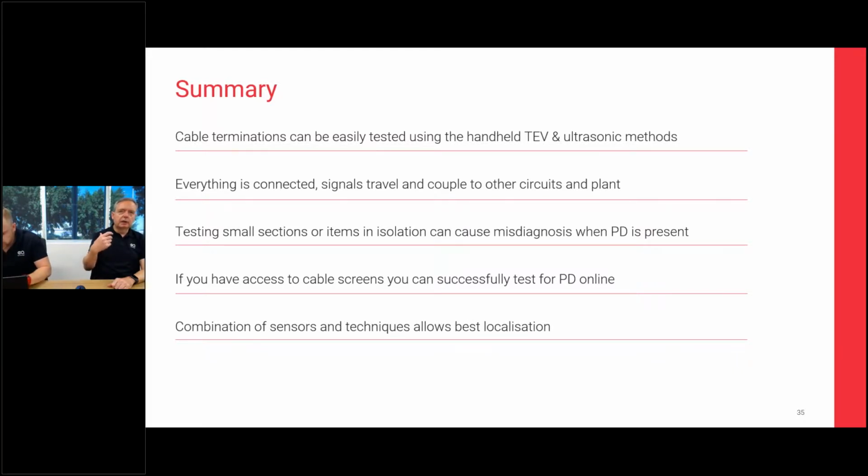You can usually test offline maybe one or two cables a day, three or four if you really set up and you've got outages on. Obviously, it takes outages, so it's a lot more costly. There are all the safety implications and the switching implications as well. So what the online testing can also help you do is target the more expensive, more difficult testing at the areas that are going to give you a better return.